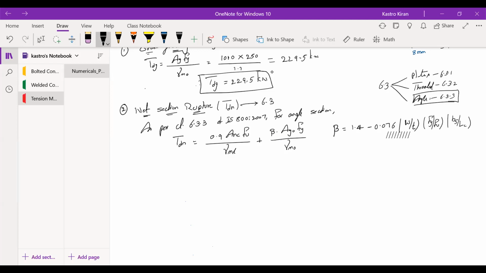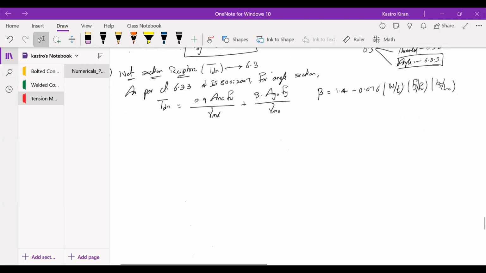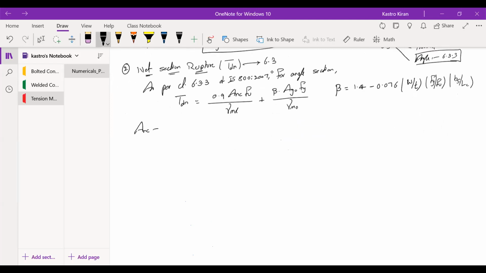So before finding the value of beta, let's look for the value of the other parameters, which are Anc and Ag naught. What is Anc? Anc is the net area of the connected leg.